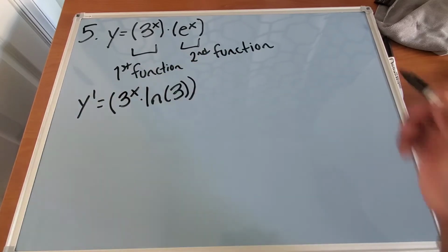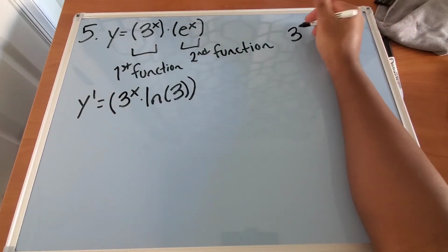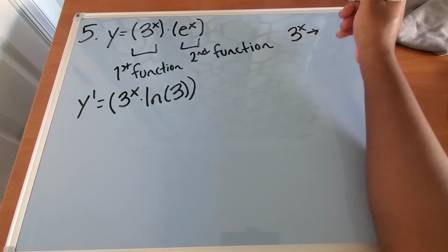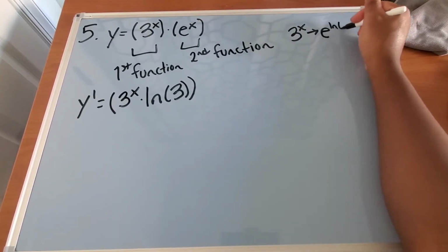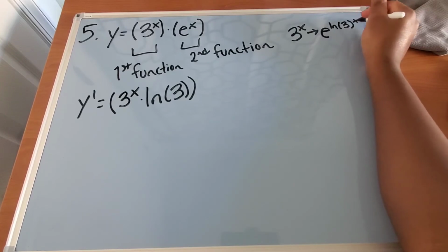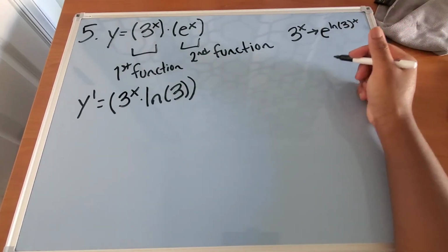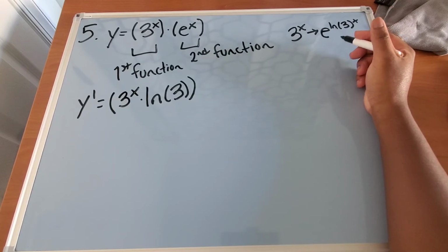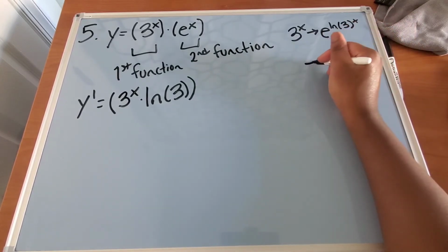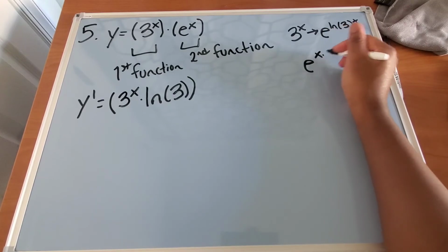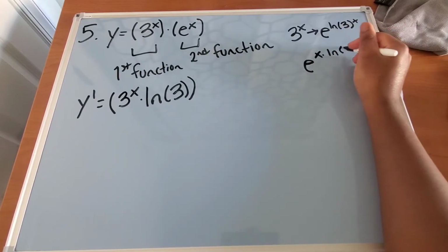The reason why it's not just 3 to the x is you rewrite this in terms of e to some power. You'd rewrite 3 to the x as e to the natural log of 3 to the x, and since e to the natural log of something is that something, this would actually be the same as 3 to the x. And then you would say e raised to the x times natural log of 3.